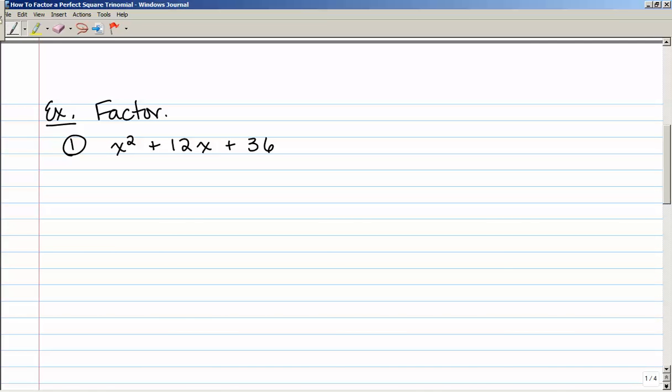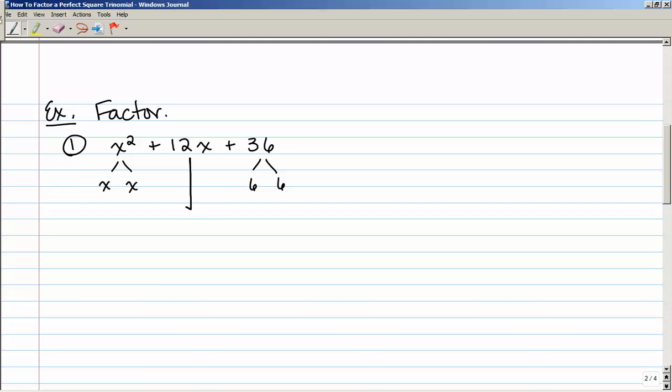I need to factor x squared plus 25x plus 36. So first thing I'd like to do is figure out, is this a perfect square trinomial? To do that, is the first term a perfect square? Indeed it is. X squared is x times x. Is my last term a perfect square? It is. 36 is 6 times 6.